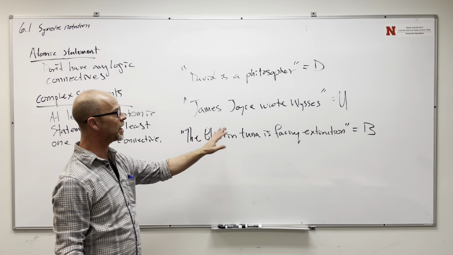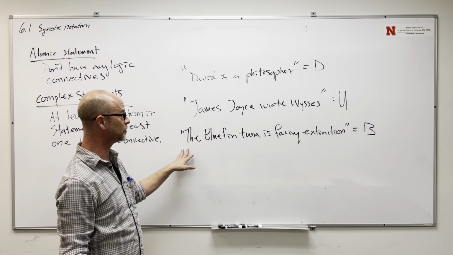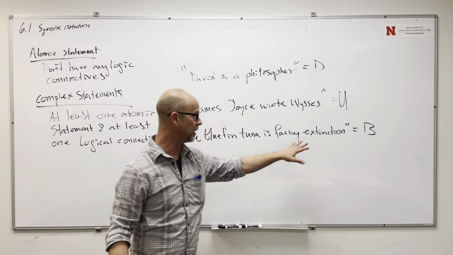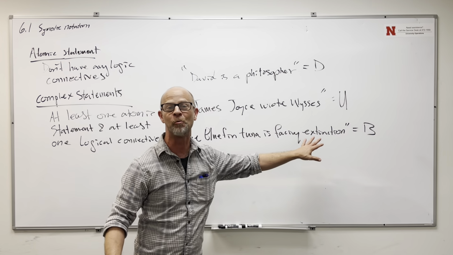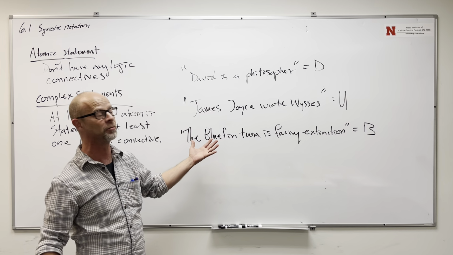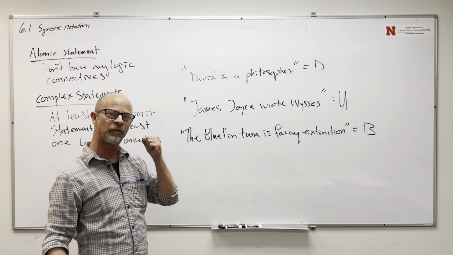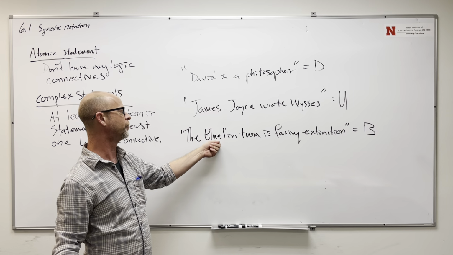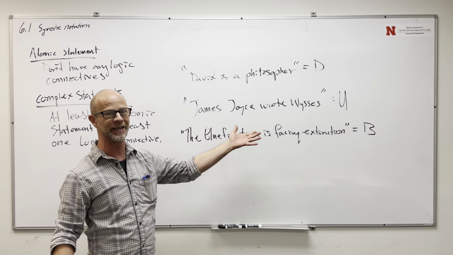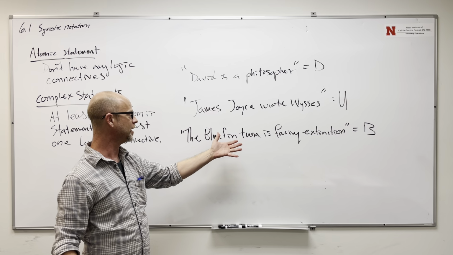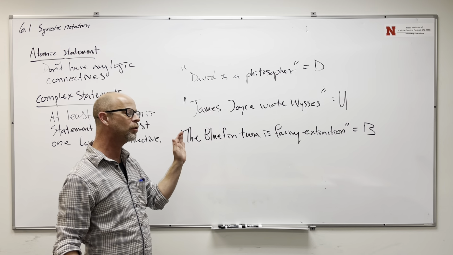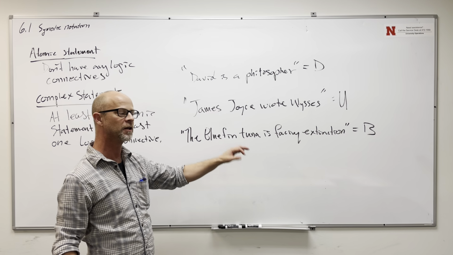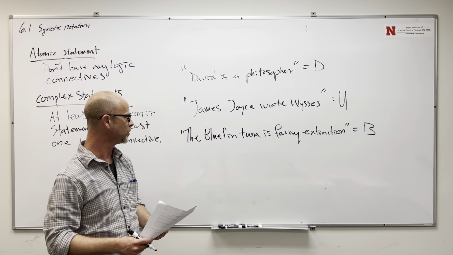Again, these are basic atomic statements because, even though it might seem complex, you've got multiple words here and the meaning is somewhat complex, nonetheless the actual form it takes is simple. We're just saying something about the bluefin tuna, namely that it's facing extinction. Given that there is no logical connective involved, it's a very basic unit of logic. It's what we're calling an atomic statement.